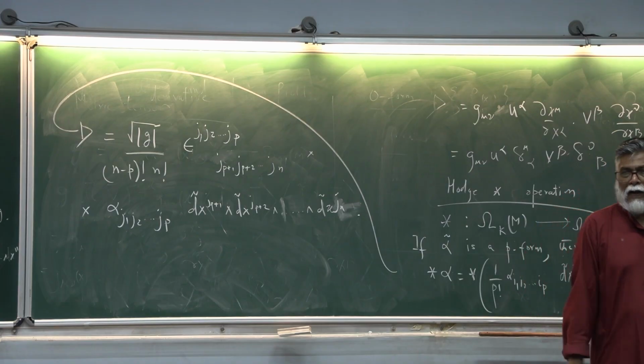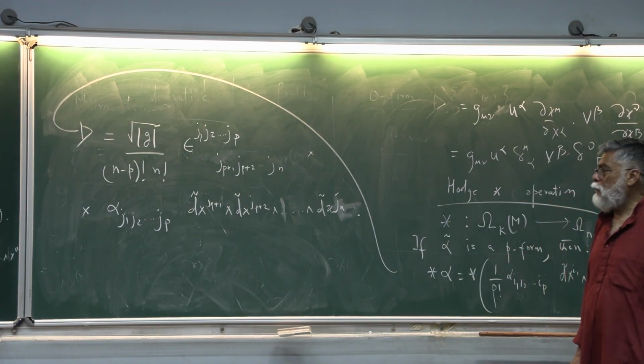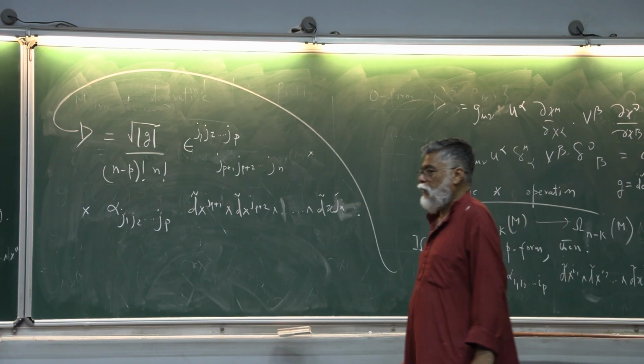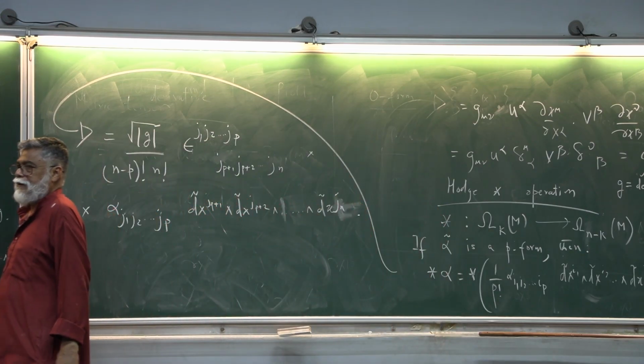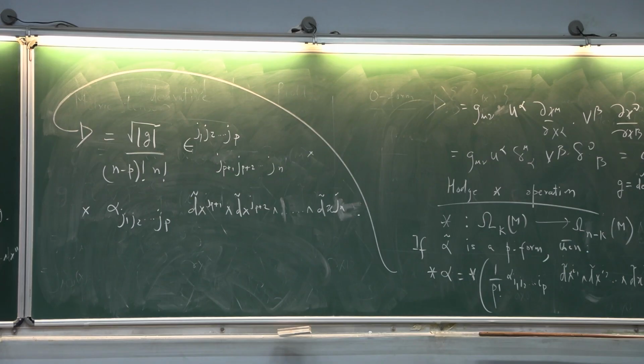And in your tutorial problem, we have seen how to write down the inhomogeneous Maxwell's equation in terms of the Hodge star dual. And there, of course, the problem was on Minkowski metric. If you write the metric eta mu nu as 1, minus 1, minus 1, minus 1, probably Bhashuddhi would have written it as minus 1, 1, 1, 1.